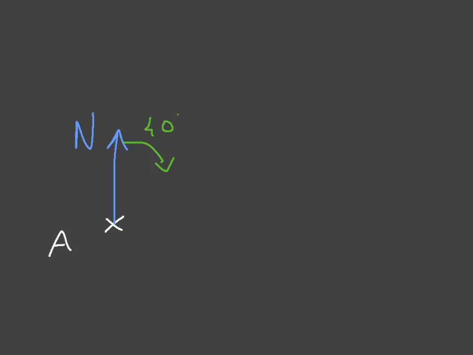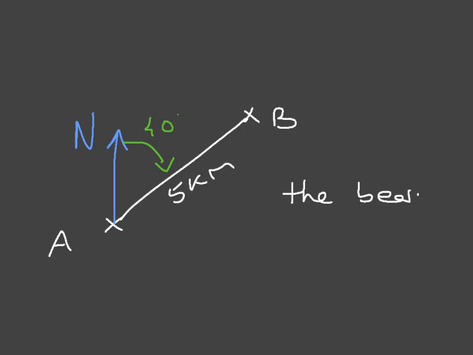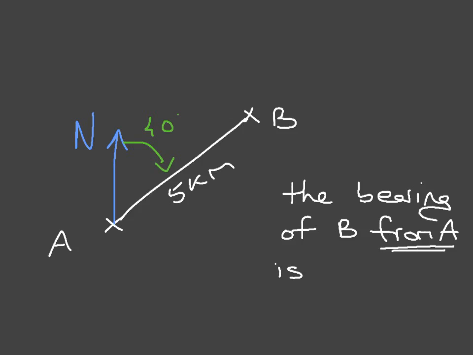And let's say to get to B, we're traveling 5 kilometers or 5 miles. Now we write this as the bearing of B from A. The from A is important, is 040.